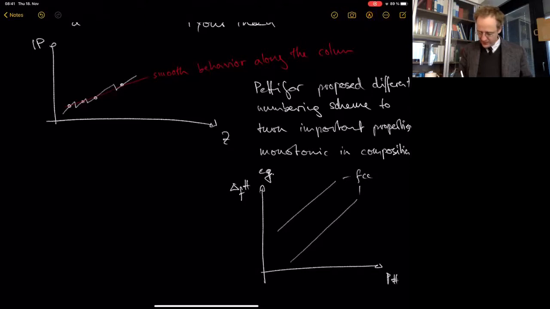This would be the nitrides. This would be carbides.